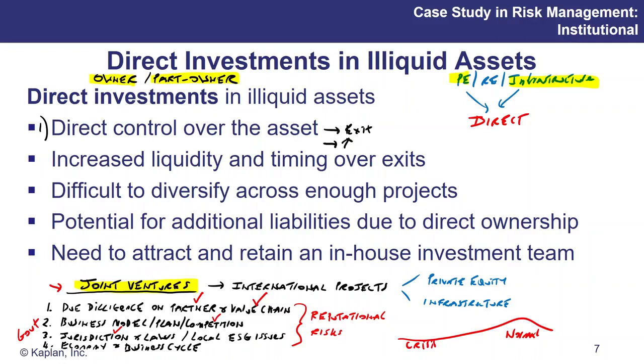You have increased liquidity because you can decide when you sell out. Whereas if you're in a fund, they might not permit any withdrawals at all or any exits for certain periods. So this is quite important, linking to the second one here, that the control you have actually gives you the choice over the timing of exits.